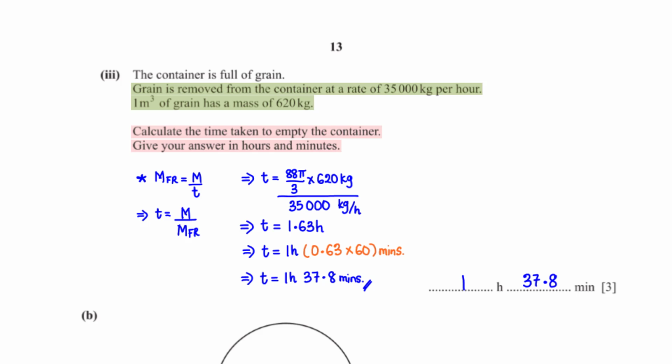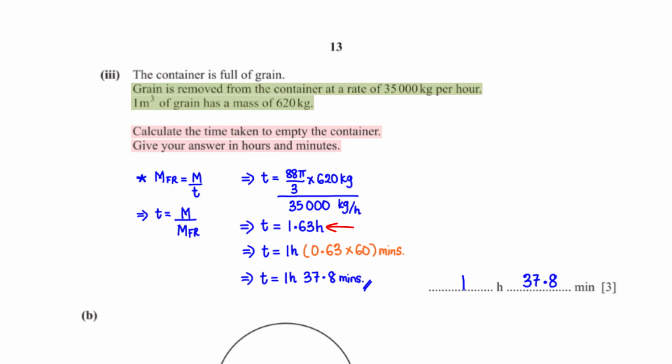If 1 meter cubed of the grain is 620 kilograms, then the total mass of the grain would be 88 pi over 3 times 620 kilograms. We've been given the mass flow rate as 35,000 kilograms per hour. When we type this into the calculator, we get 1.63 hours rounded to 3 significant figures.